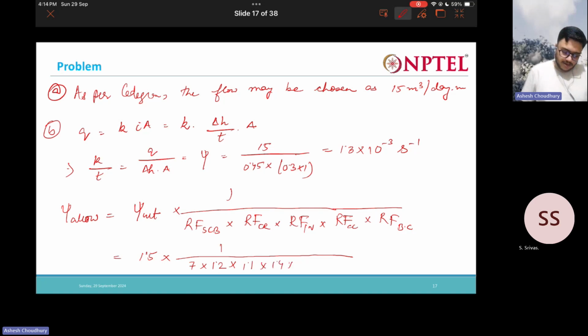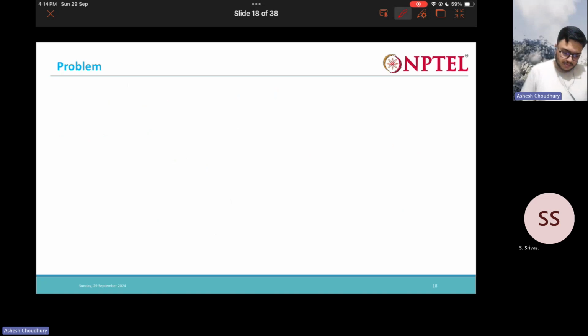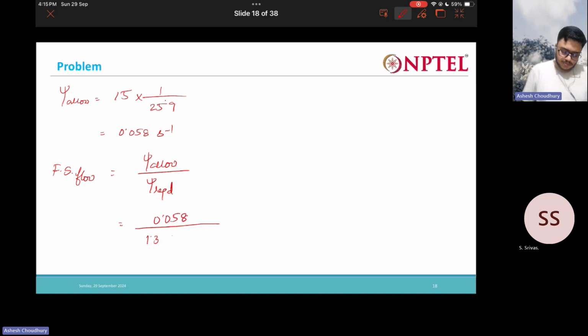So I am just taking the standard values for this case. The factor of safety for the flow criteria is acceptable. Okay, it is fine for us.